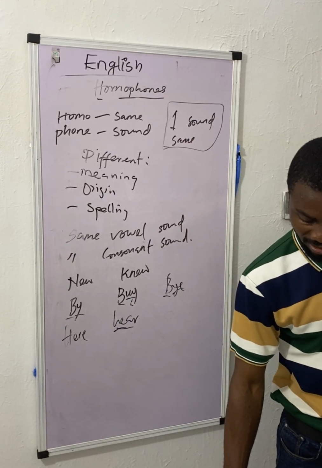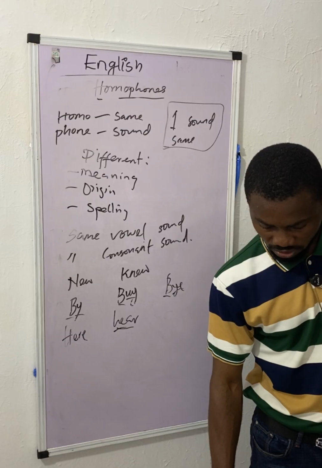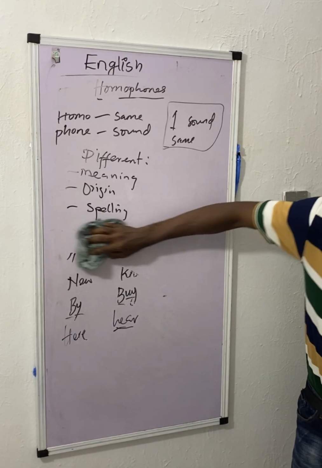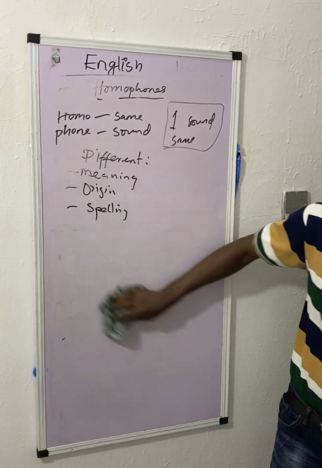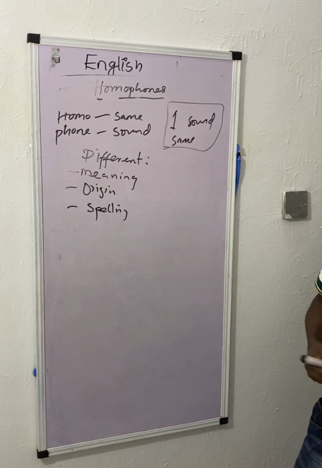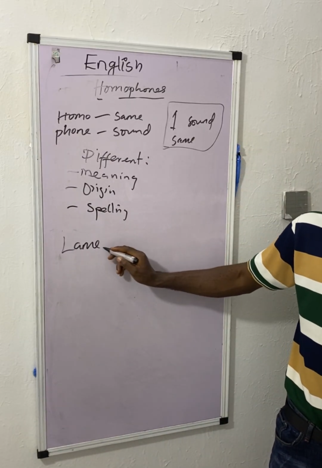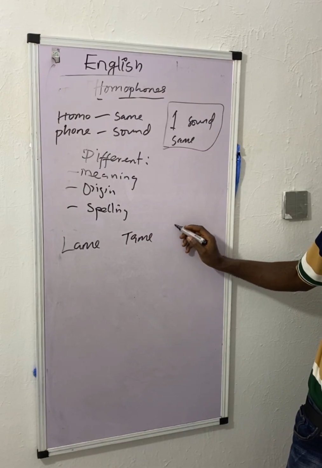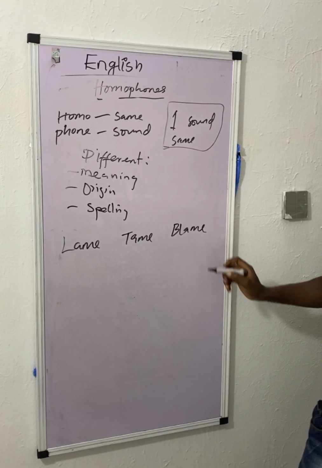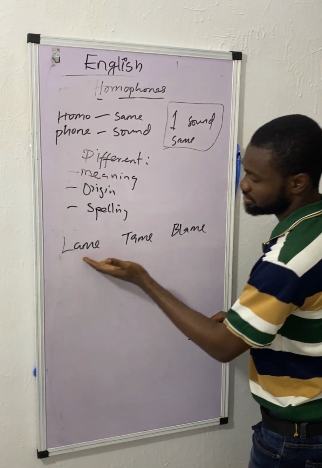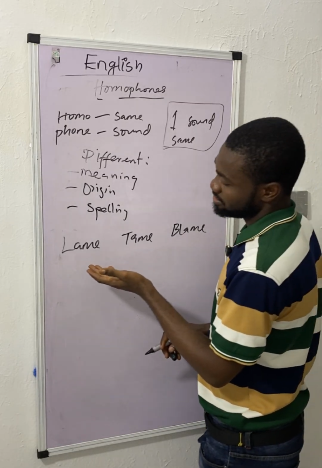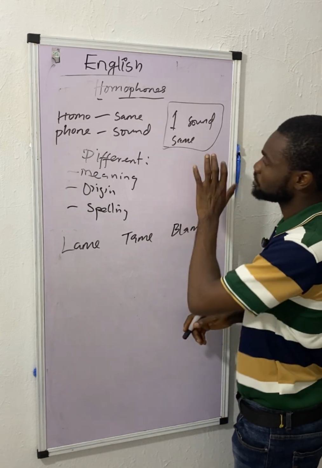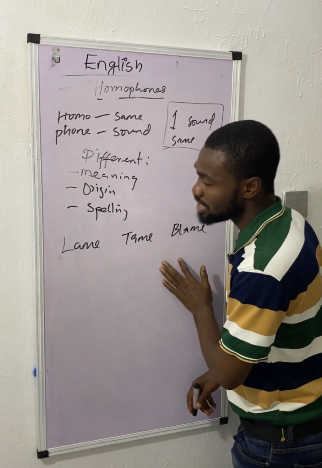So we have different homophones. Let me show you wrong examples of homophones, because some people don't understand the definition. For example, lame, team, blame. You can see that these three words resemble each other, but they don't have the same sound. They don't have the same vowel and consonant sound.